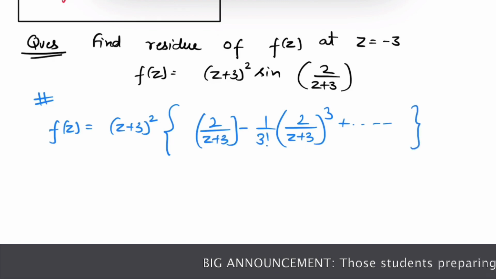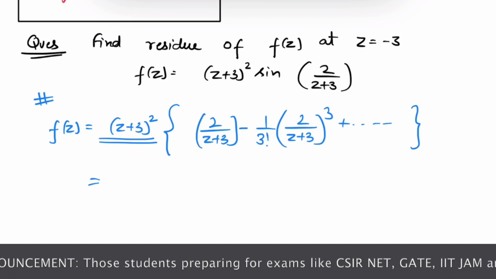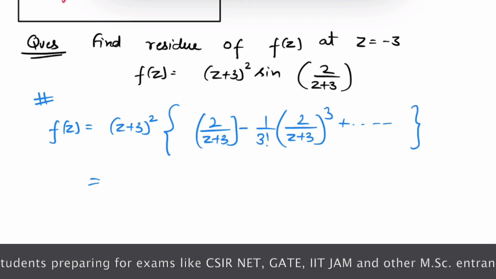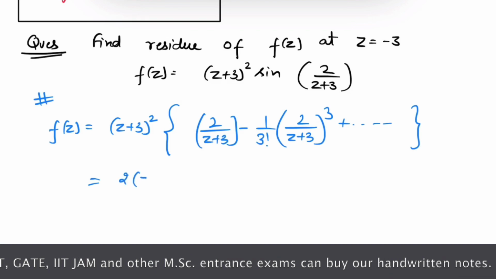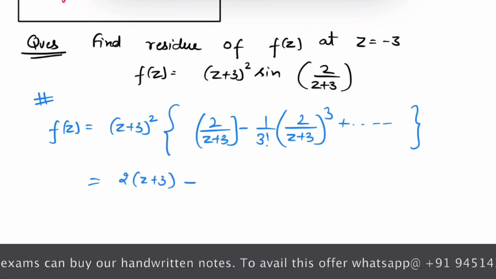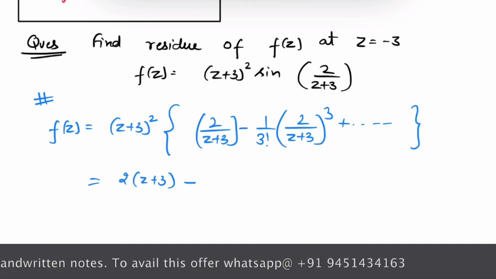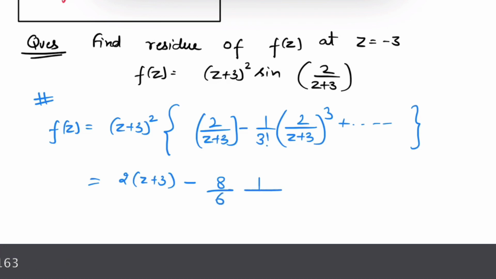Now multiplying z plus 3 whole square inside this bracket, we have 2 times z plus 3 minus 2 cube, which is 8 over factorial 3. Factorial 3 is 6. And we have z plus 3, and so on.